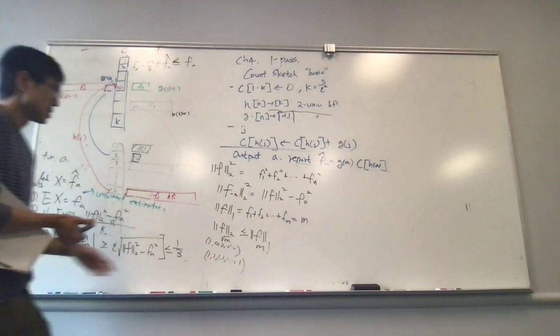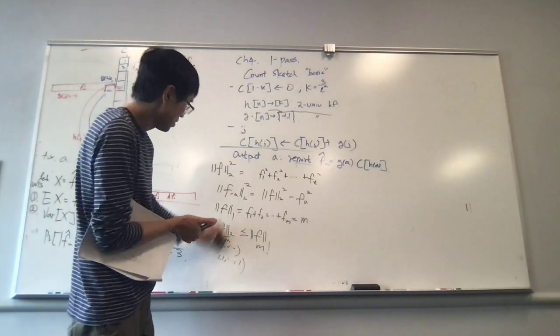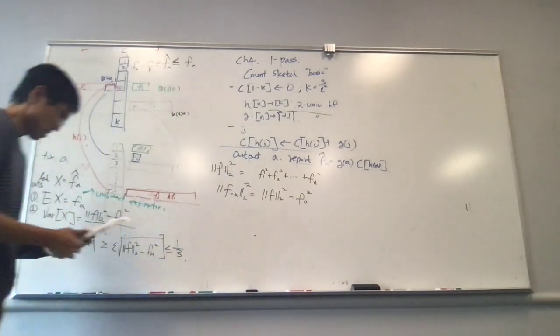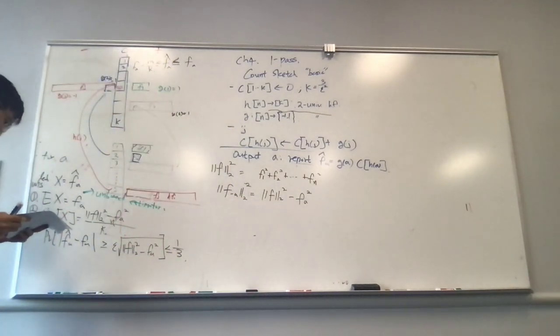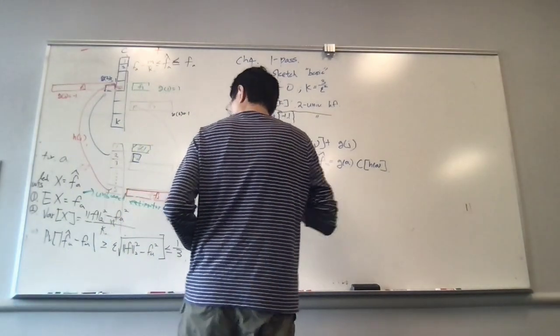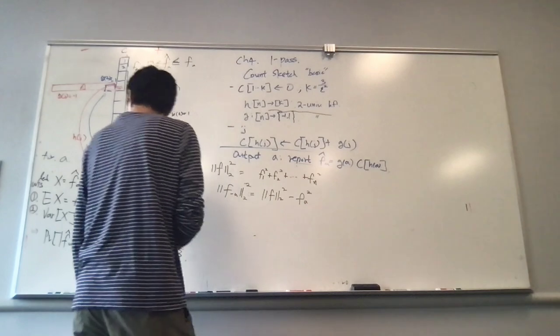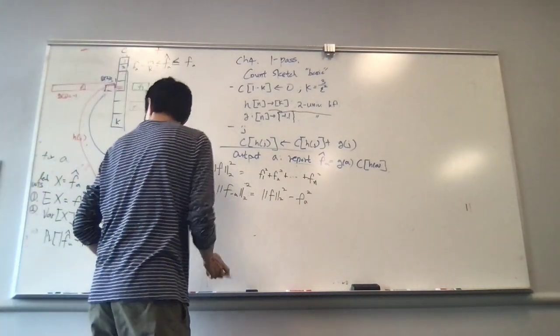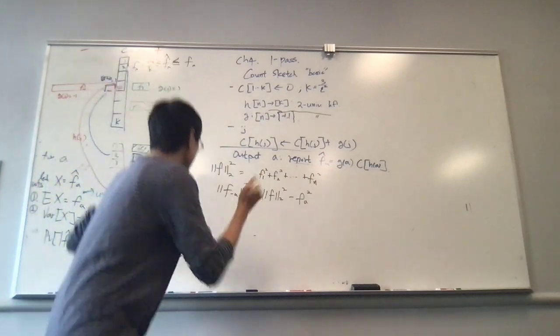Good. Because I explained this, let me just delete this to save space. To verify this is kind of easy, but let me just do this. What do we do?